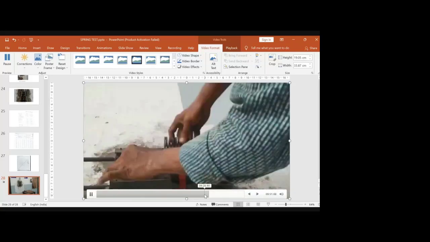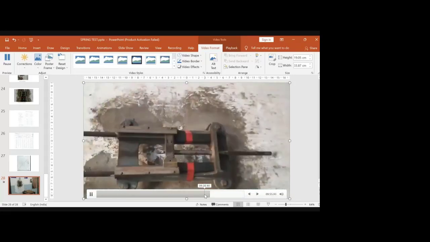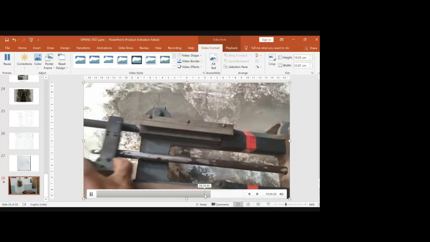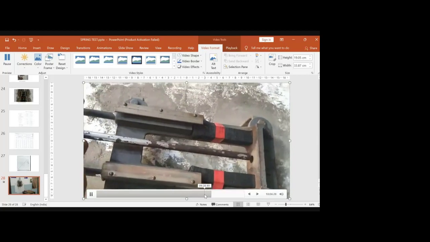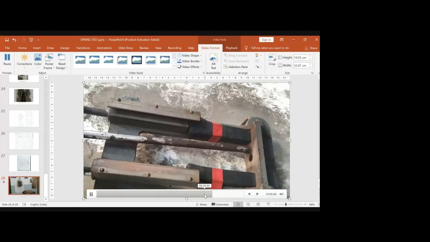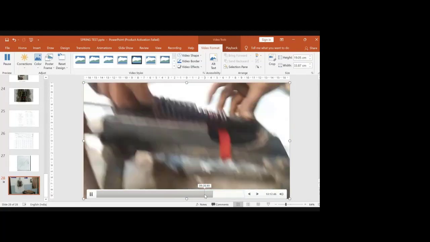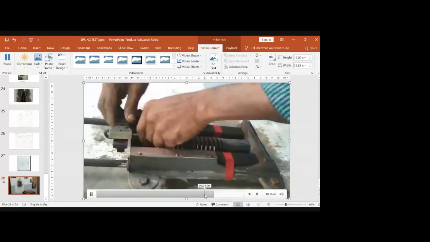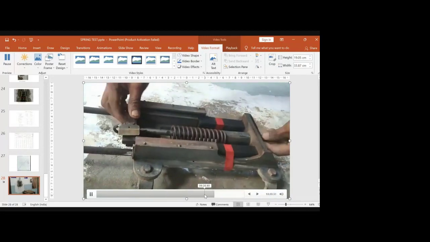Just raise it. Now insert the compression spring. Then a small cylindrical piece is put below the spring in order to adjust the height.